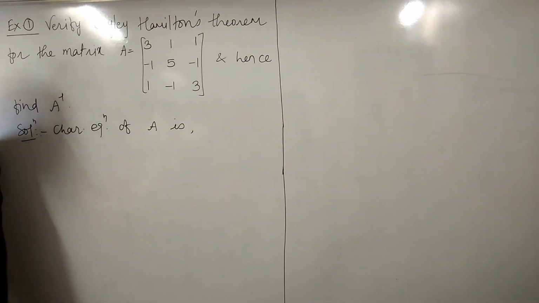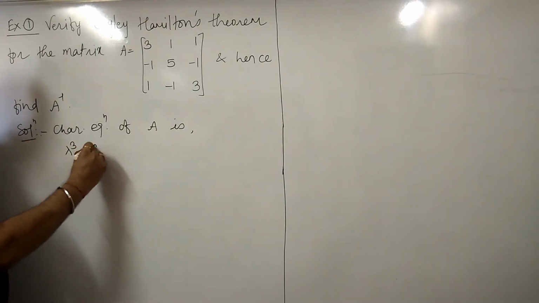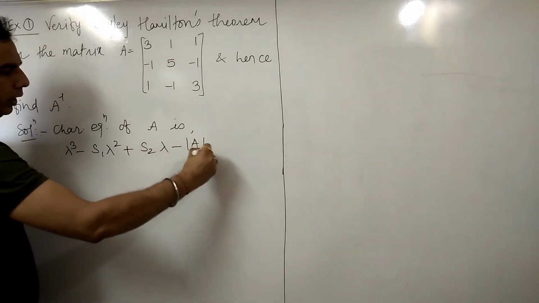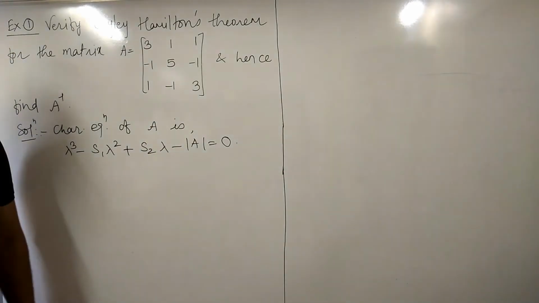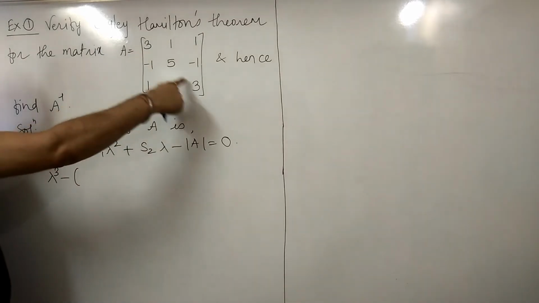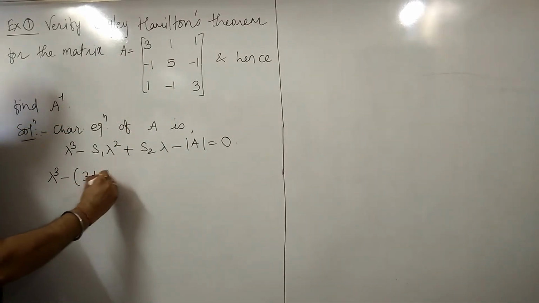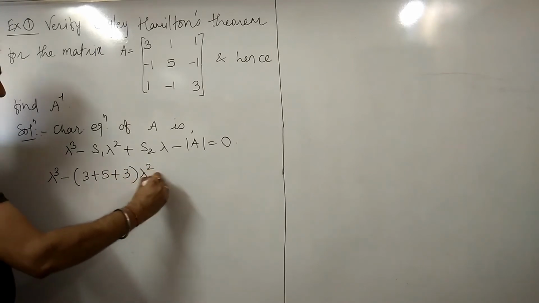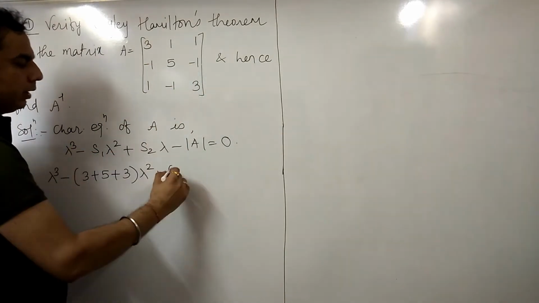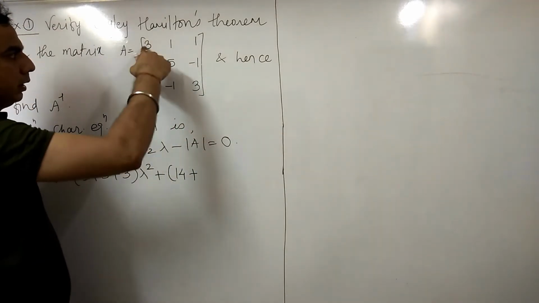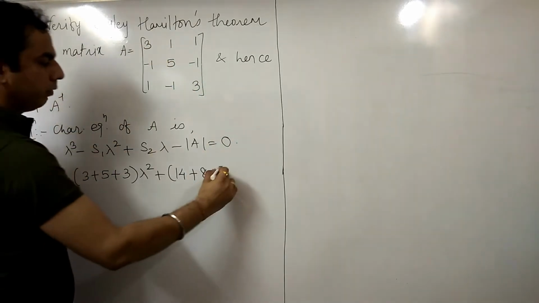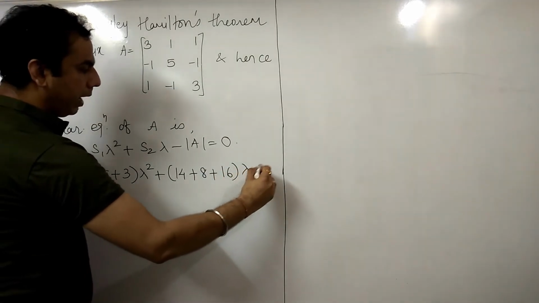The characteristic equation of A is lambda cube minus s1 lambda square plus s2 lambda minus determinant of A is equal to 0. Here s1 is the sum of diagonal elements, so it is 3 plus 5 plus 3, which is 11. s2 is the sum of minors of diagonal elements, so it is 15 minus 1, 14, plus 9 minus 1, 8, plus 15 plus 1, 16, giving 38. The determinant is 40.